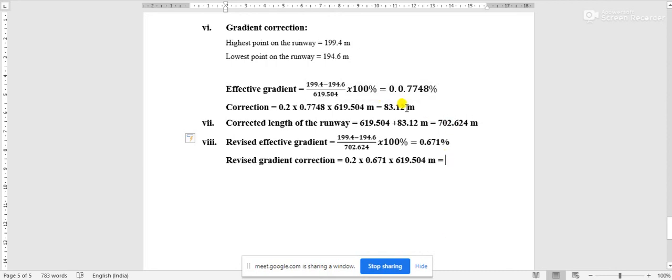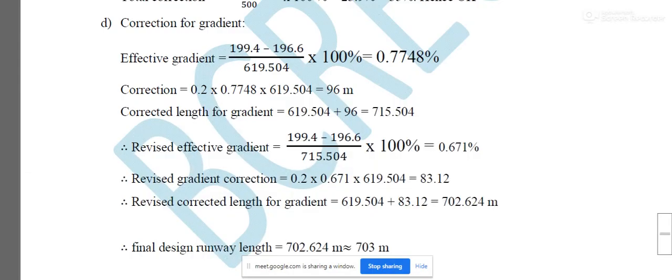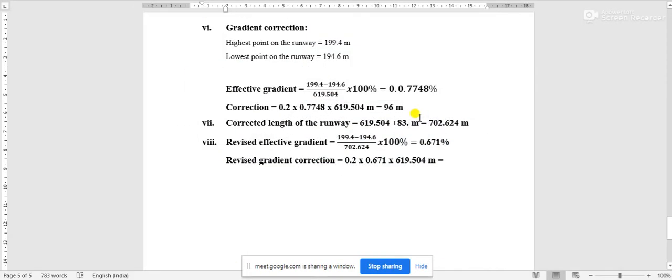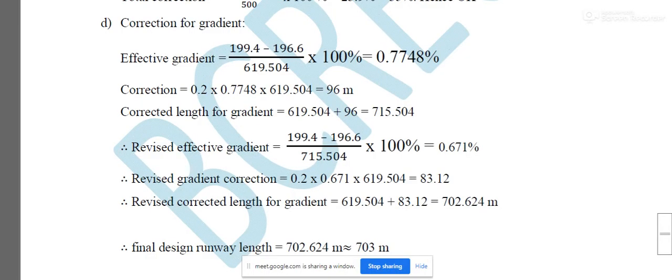Acha, this one is same, the calculation is somehow wrong. 83 meter for this case.